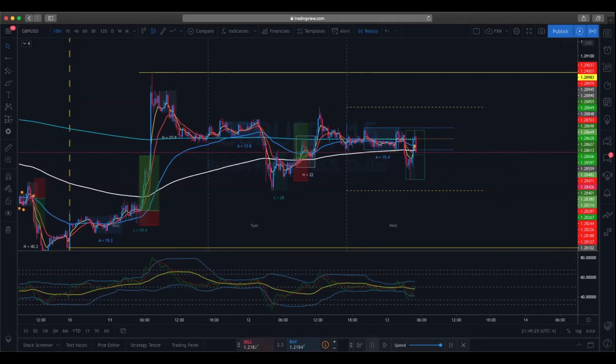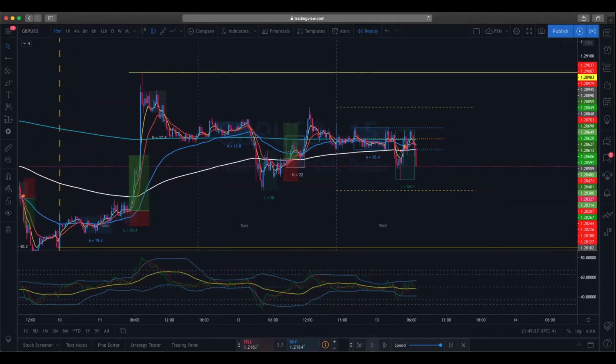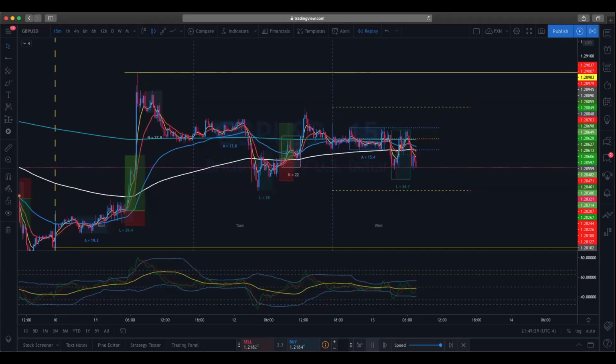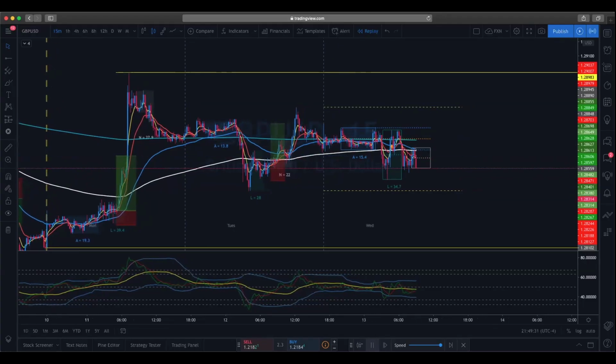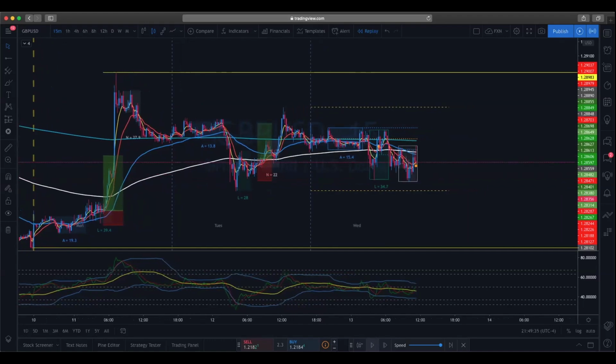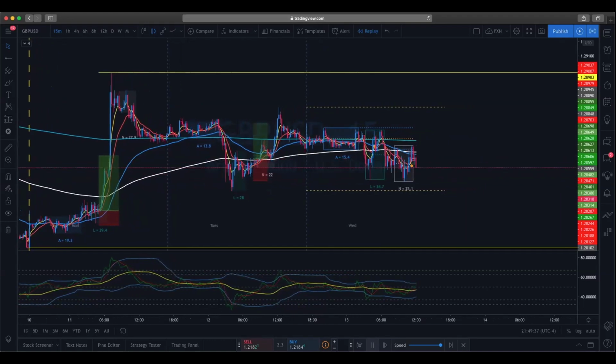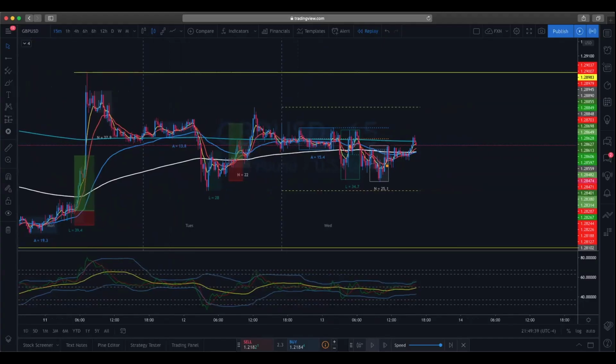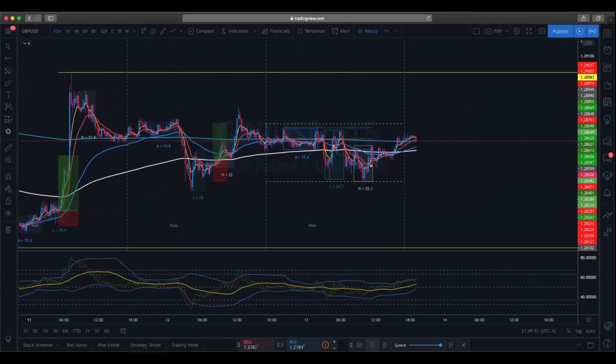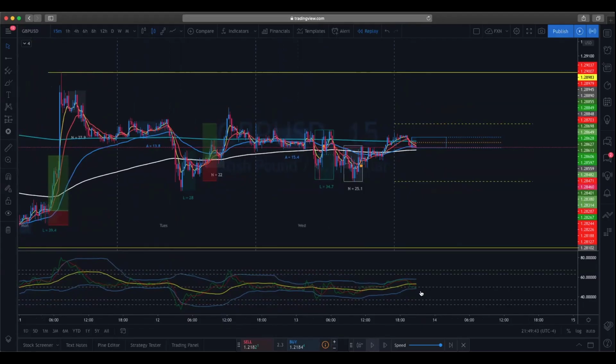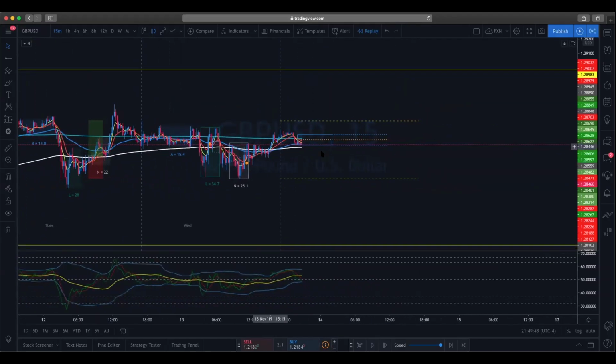See what I mean? Straight sideways movement. Nothing. TDI still the same middle. All the EMAs straight sideways again.